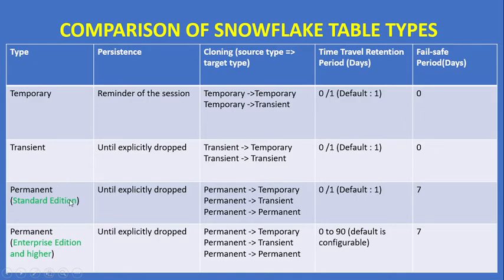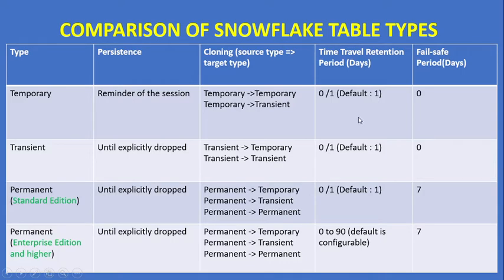Now the permanent table we can compare in terms of edition, like standard edition or enterprise edition and higher. For standard edition, the persistence is the same, until explicitly dropped, and cloning is also the same. You can clone the permanent table to temporary, permanent to transient, permanent to permanent, irrespective of edition.